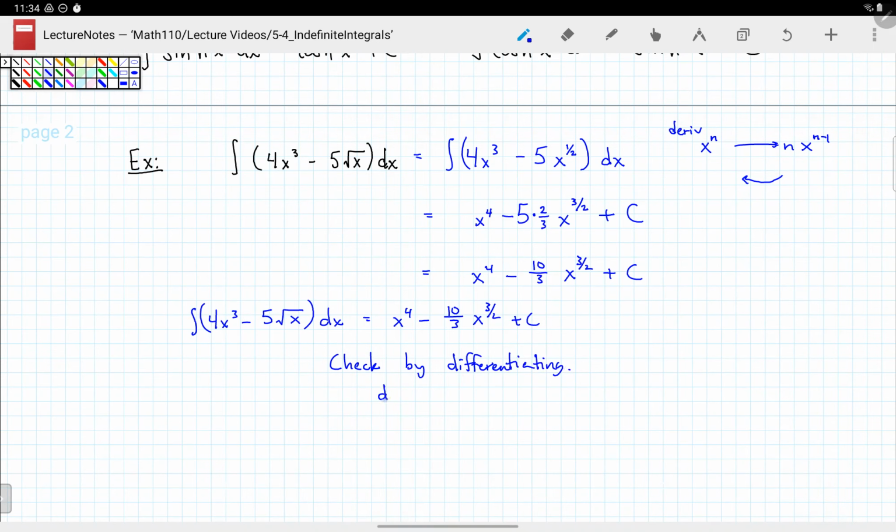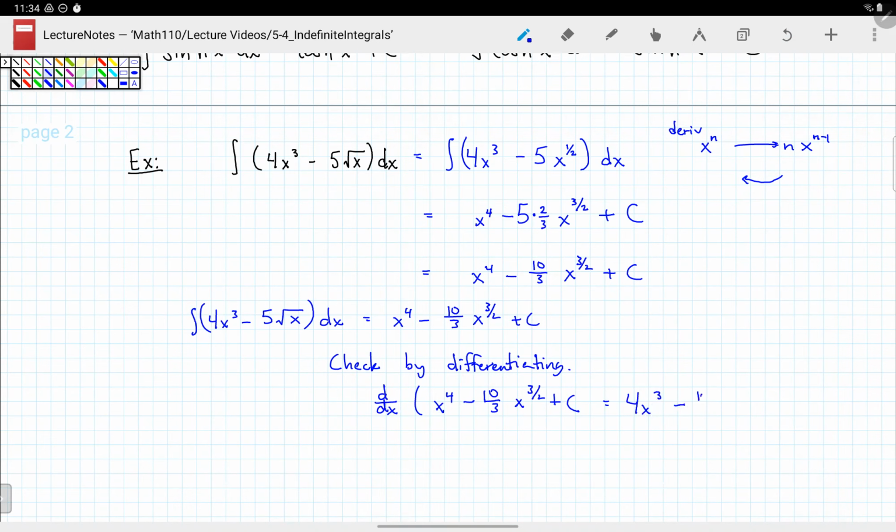So if I take the derivative of x to the 4th minus 10/3 x to the 3/2, sorry, plus a constant, the first term is going to be 4x to the 3rd power.